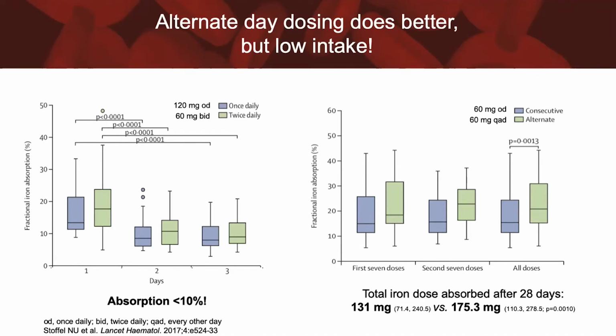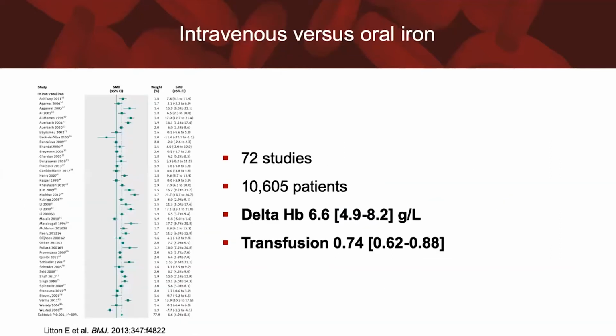So if you want to give 1,000 milligram of iron, it would take around 5 to 6 months to give this amount of iron. This is why oral iron is always less efficient than intravenous iron.